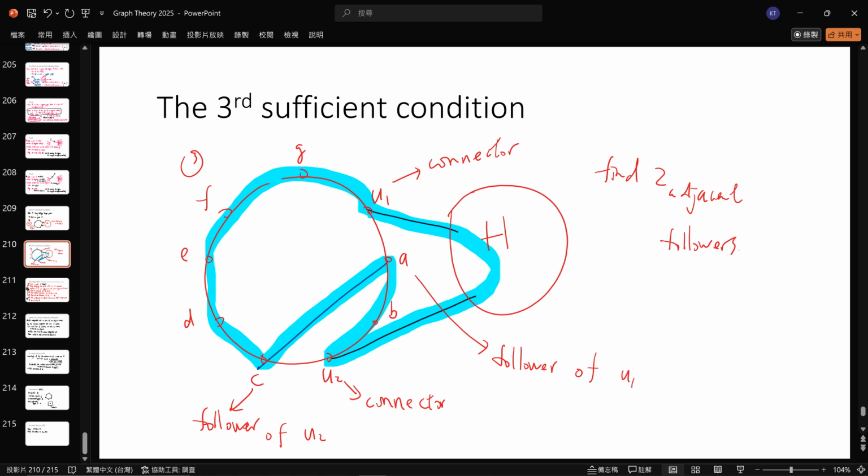But we have to make sure that not all the vertices on the cycle are connectors. Because if all the vertices on the cycle are connectors, then after you remove these connectors, you remove the whole cycle, and you do not get a disconnected graph because all you have is one component. So we want to make sure that after you remove all the connectors, there are still some vertices remaining on the cycle. Then these remaining vertices cannot be connected to the component, and therefore you get a disconnected graph.